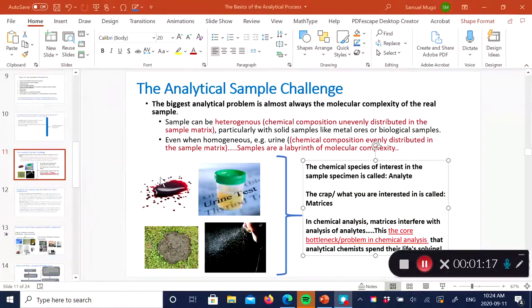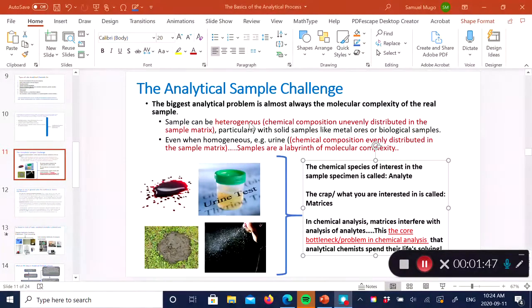Think about it, maybe you're trying to analyze phosphates in cow dung, or maybe you're trying to analyze a drug in, say, blood. These materials tend to have heterogeneous composition of the chemical species, which means the chemical elements that are present are not evenly distributed in the sample matrix.